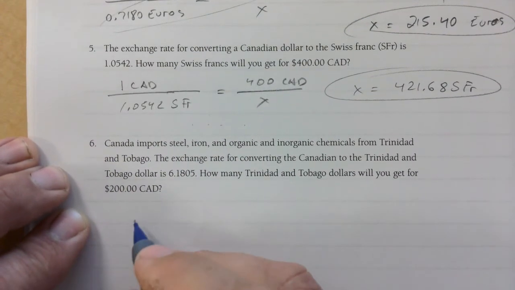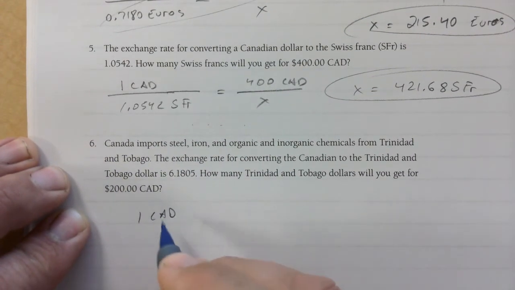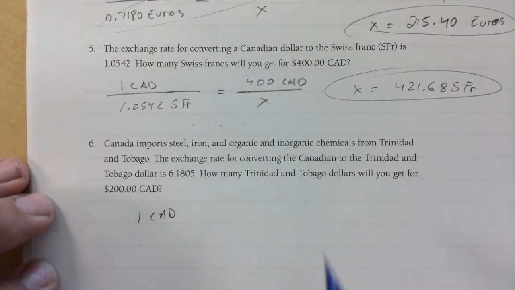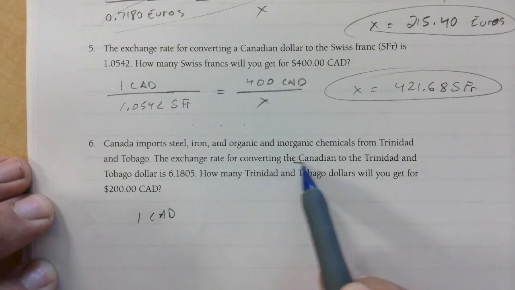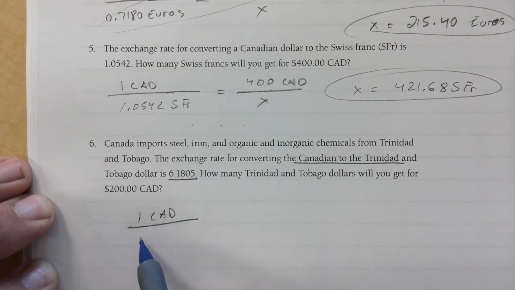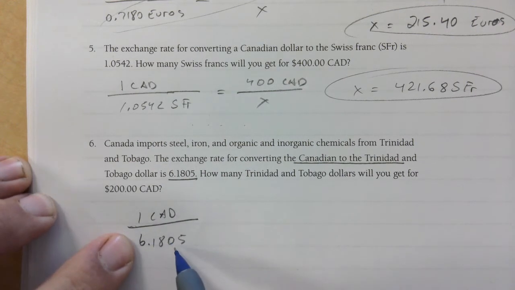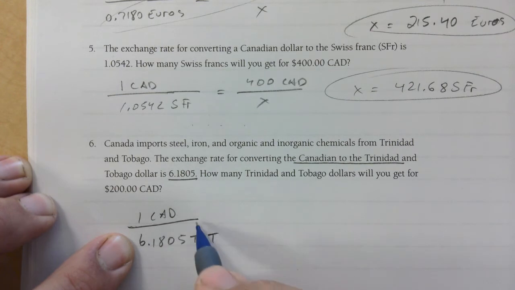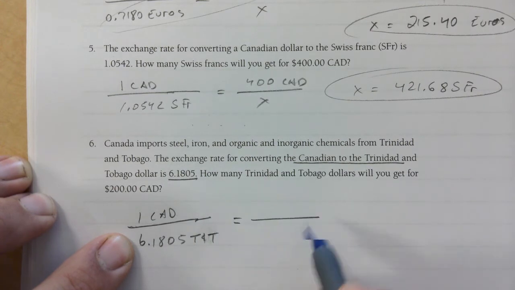Number 6, 1 Canadian. This is where I wanted to. The rate for converting the Canadian to the Trinidad and Tobago dollar is that. So it's still 1 Canadian is this much of, I don't know what we're going to call this, TTD. Sorry, Trinidad and Tobago, TTD.